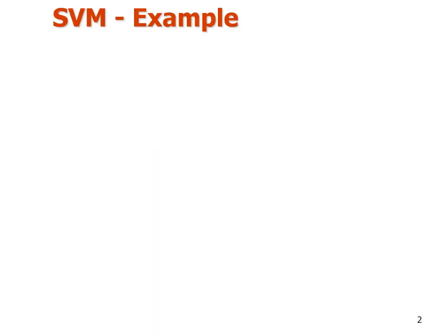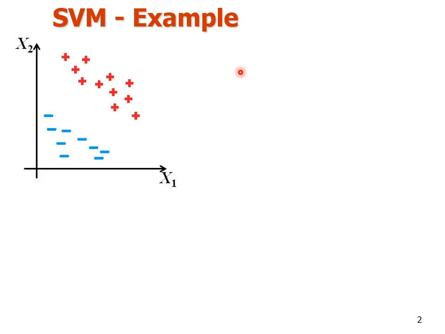To continue our discussion further, let us once again look at the example in two-dimensional space. We have the positive samples and the negative samples. Those are described by two features, x1 and x2, and these observations or the samples are depicted here.